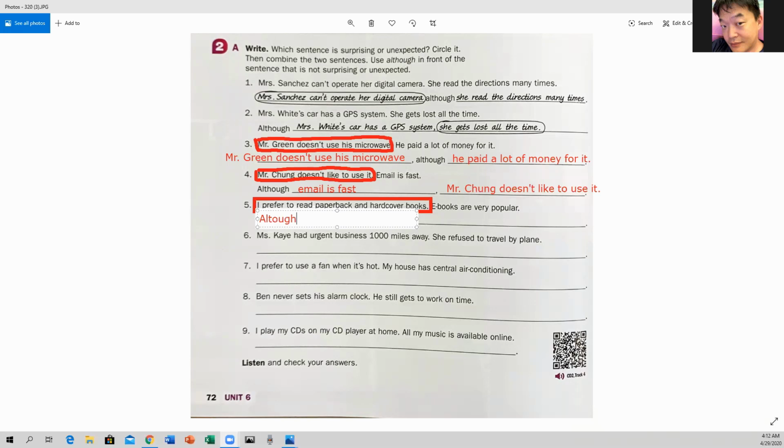Although ebooks are very popular, comma, I prefer to read paperback and hardcover books.